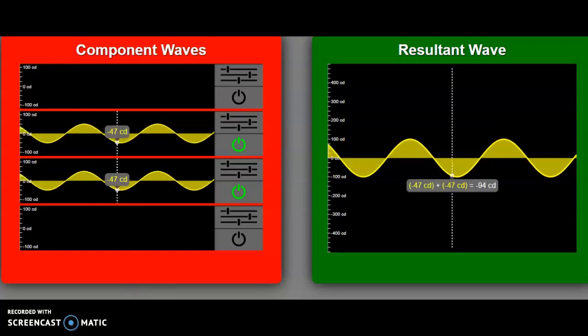Minus 47 minus 47 gives minus 94 centimeters. We call this, because they are the same light, same direction, and overlap totally with each other, with no difference in between. The difference equals zero. We call this constructive interference.